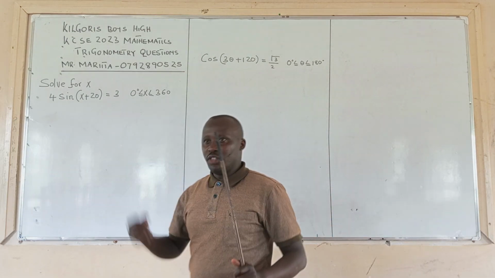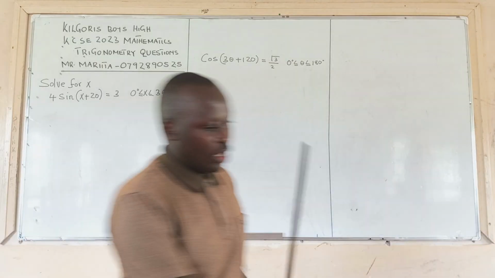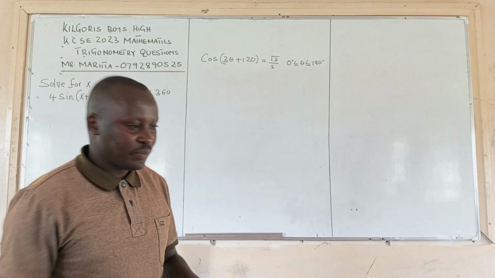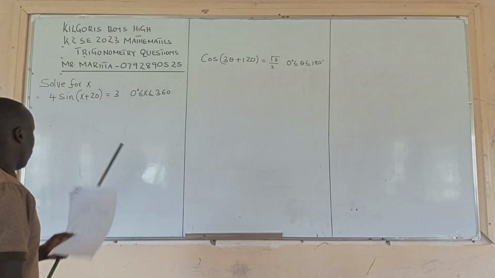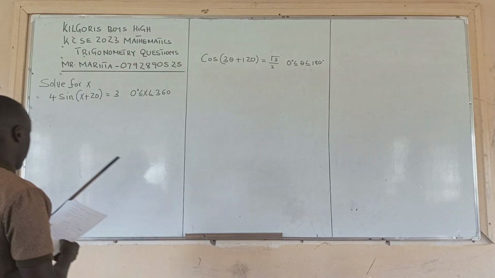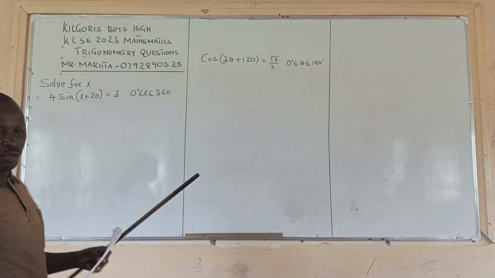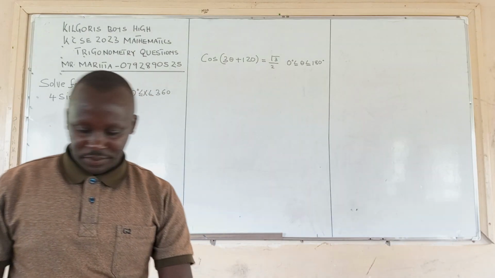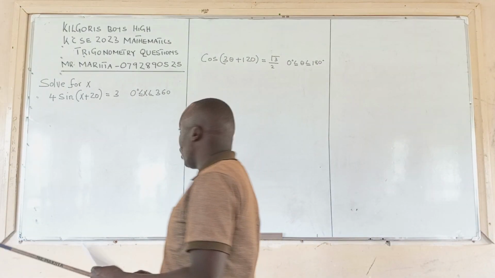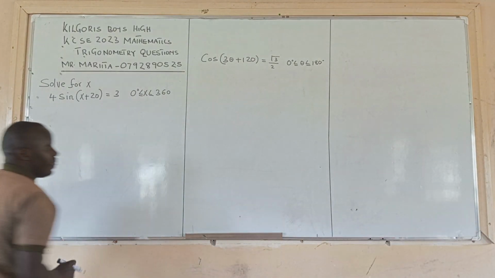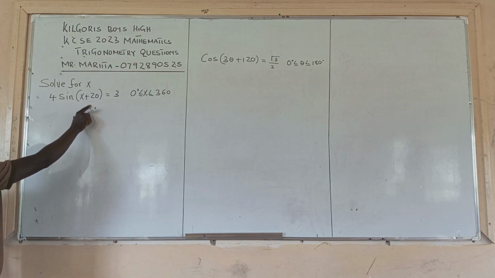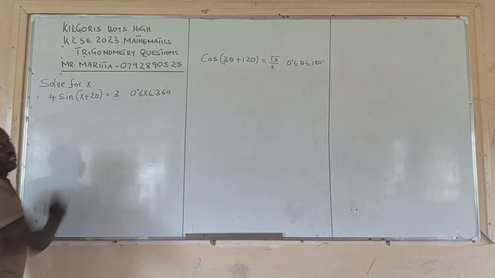So how can you solve for x in this case? First of all, we have 4 sine (x plus 20), which is equivalent to 3.